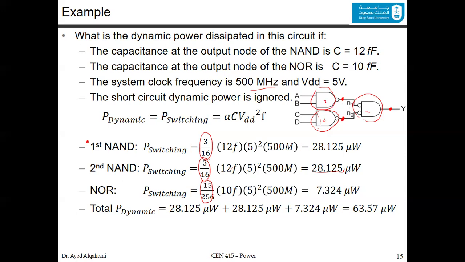The switching was a lot at the first level, but the output was much lower. So we add those four together, and the conclusion for this simple circuit is that the dynamic power is 63.57 microwatts. Of course, you would do it for a bigger circuit with many gates. There are tools that can help you do this.